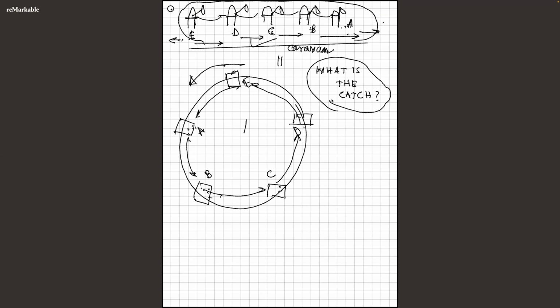For 3, is it 2? What are they? BAC and ACB.